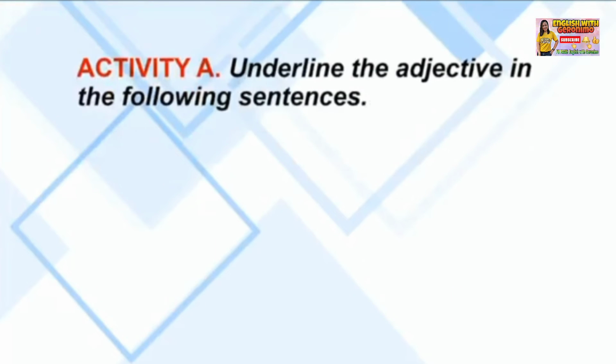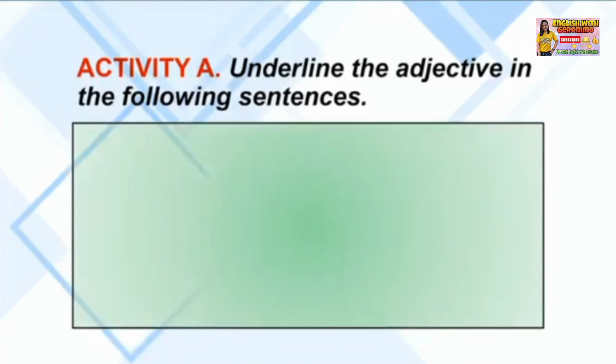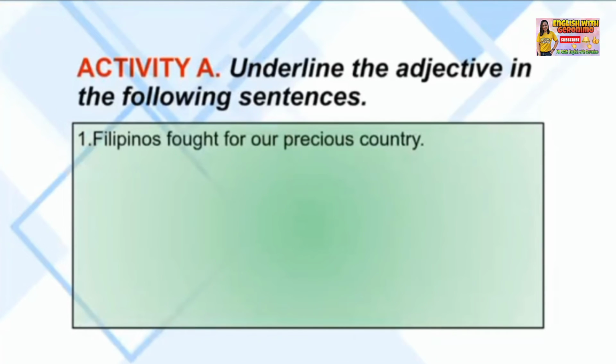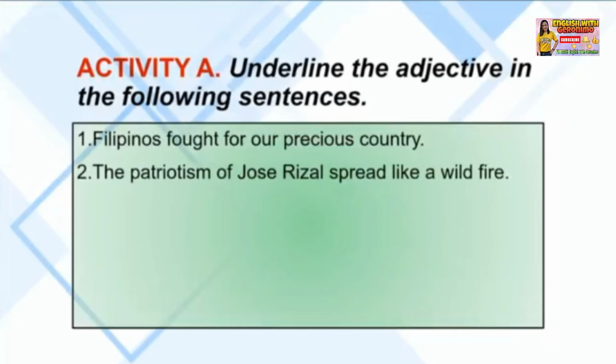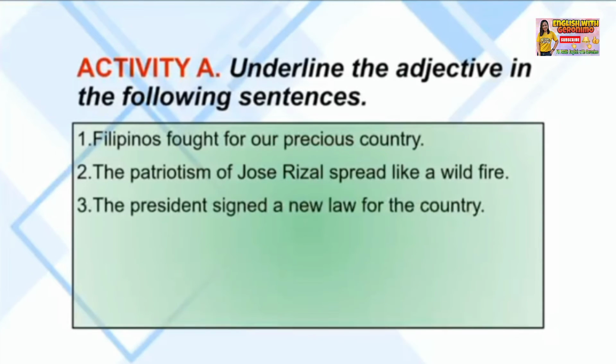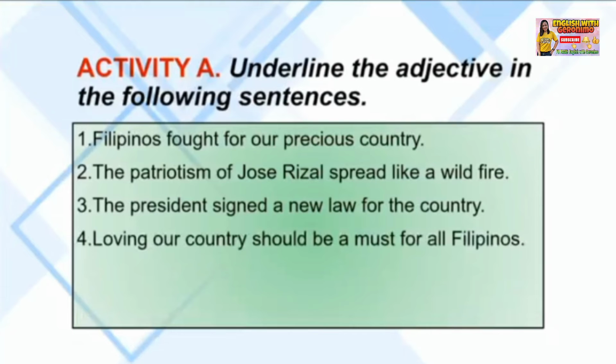Let's have another activity. Activity A. Underline the adjective in the following sentences. Number 1. Filipinos fought for our precious country. 2. The patriotism of Jose Rizal spread like a wildfire. 3. The President signed a new law for the country. 4.